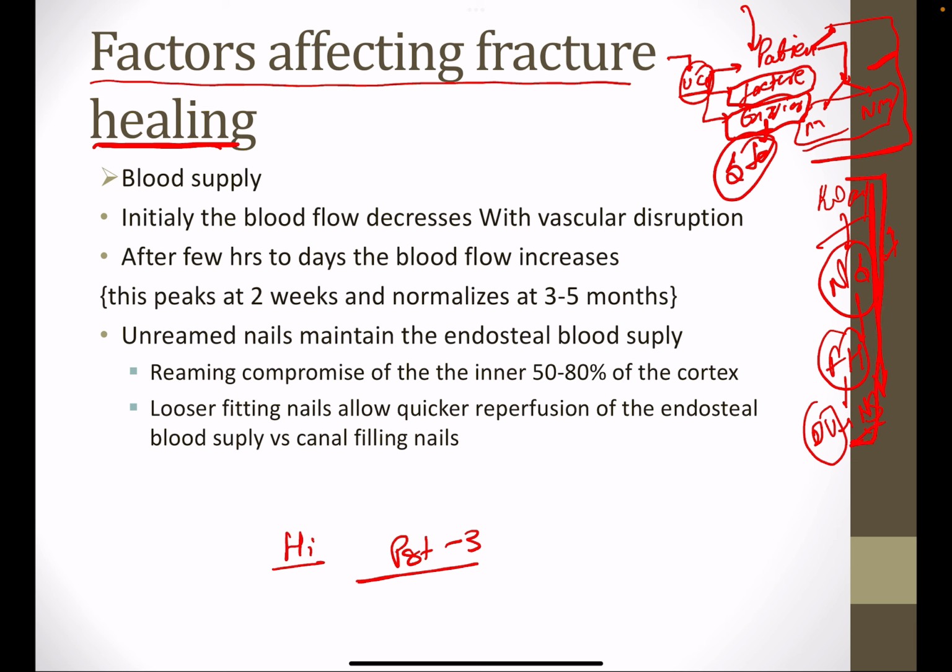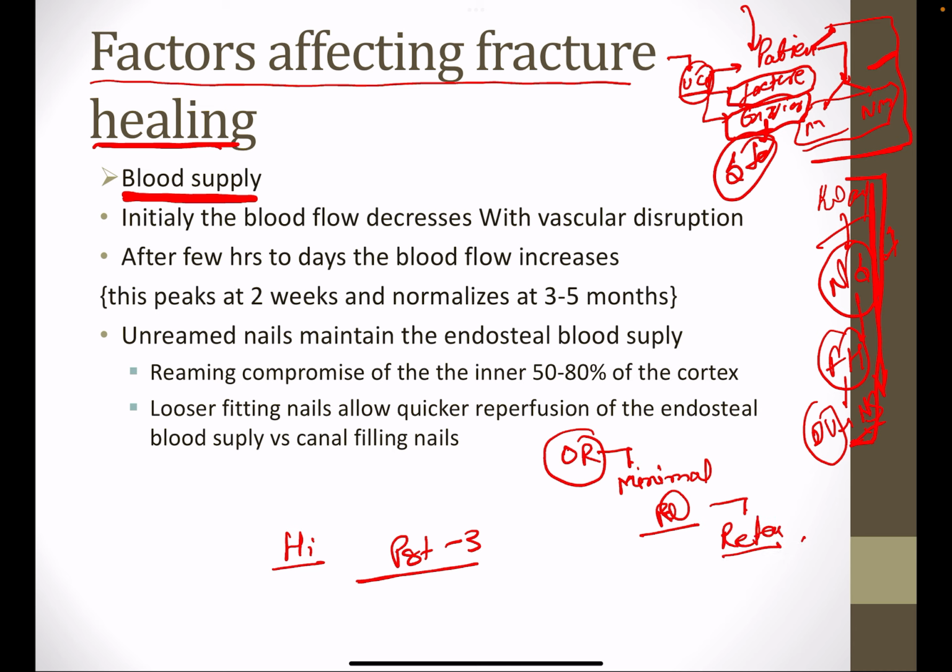So now, factors affecting fracture healing. First factor is the blood supply. So as we know, for this reason, we keep on saying that during open reduction, we should do minimal periosteal stripping, minimal soft tissue damage to the surrounding structure, and we should try to retain blood supply to the bone as much as possible.